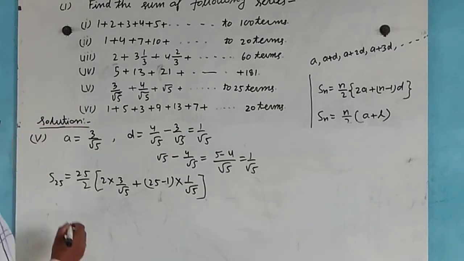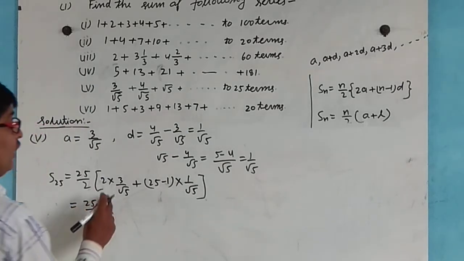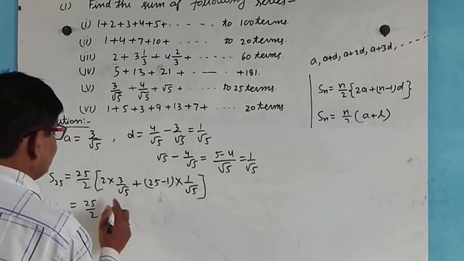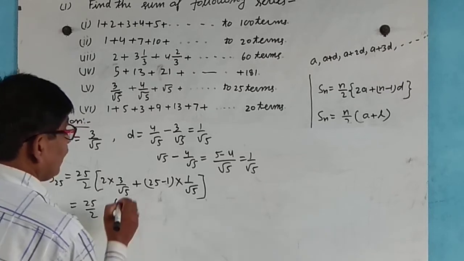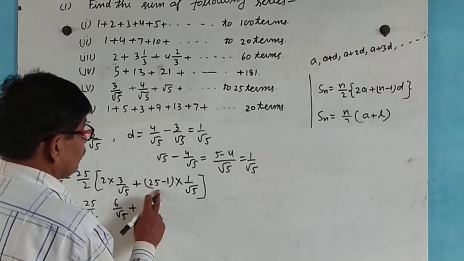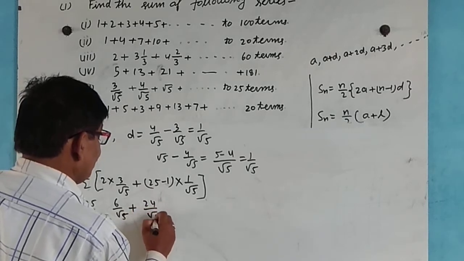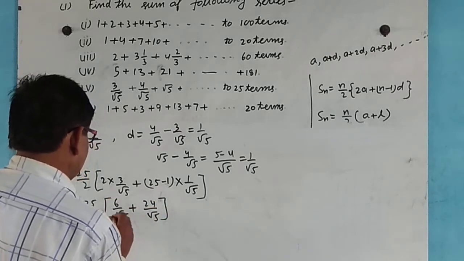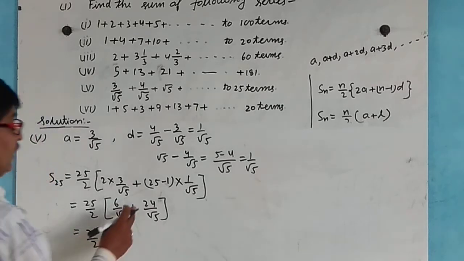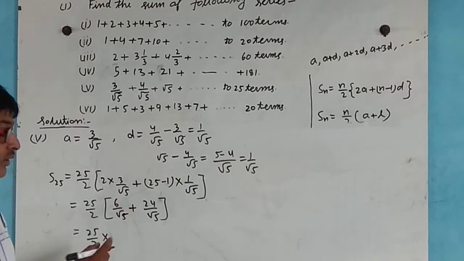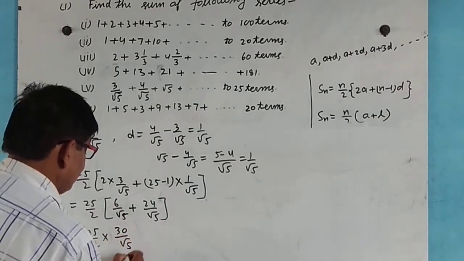Here in this case, 25 by 2 and this is equal to 3 to the 6 by root 5 plus 24 by root 5, and this is equal to 25 by 2 multiplied by 24 plus 6, 30 by root 5.